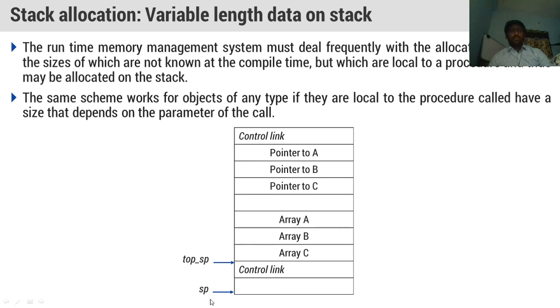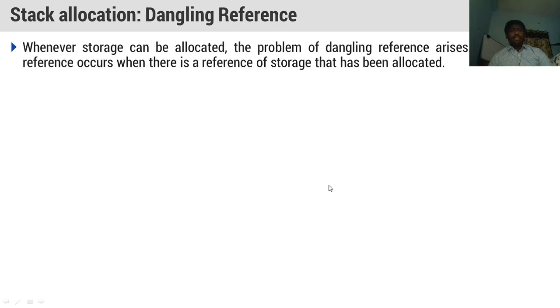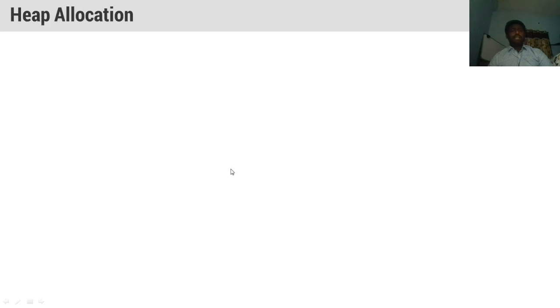The address of the top of the stack will be stored by the stack pointer register. You see pointer A is linked to array A, pointer B is linked to array B, and pointer C is linked to array C. Whenever storage can be allocated, the problem of dangling reference arises. It means there is a reference to storage that has been deallocated.